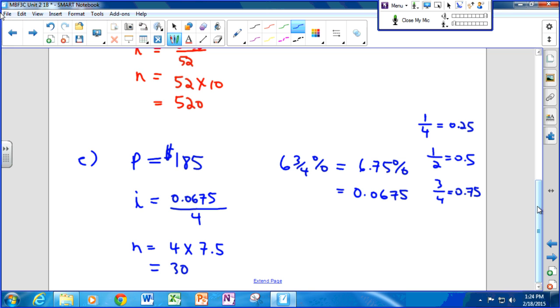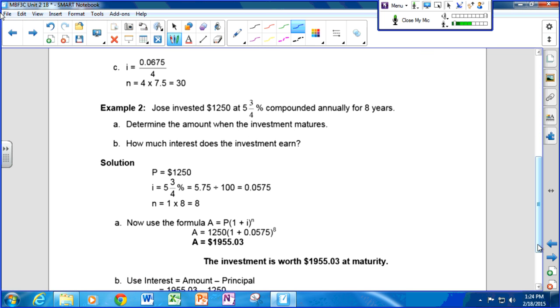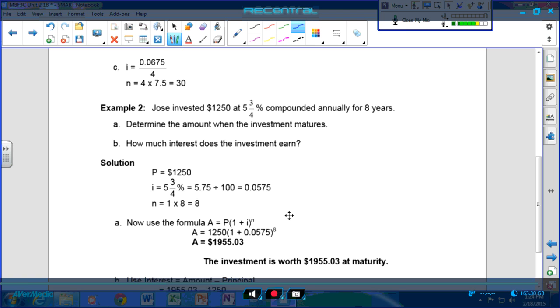So that was example 1, and I think we're pretty well on the way there. It just takes a little bit of practice to do these questions.